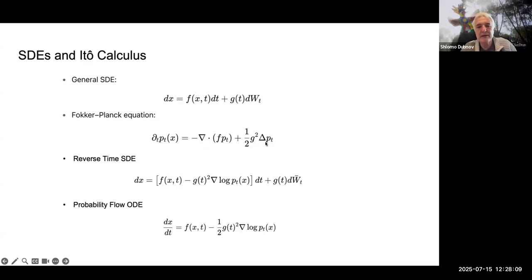Again, maybe the math is too much for the purpose of just describing the techniques, but given these equations, the whole idea of reverse time is creating another dynamics that basically inverses the sign. Okay, so we now want to go back with the probability from pure noise to our, let's say, bimodal distribution.